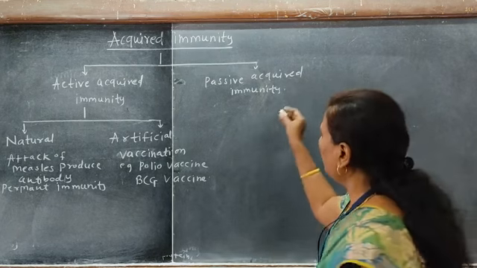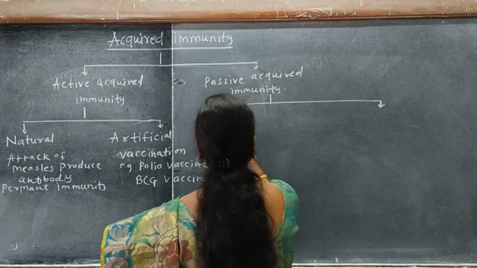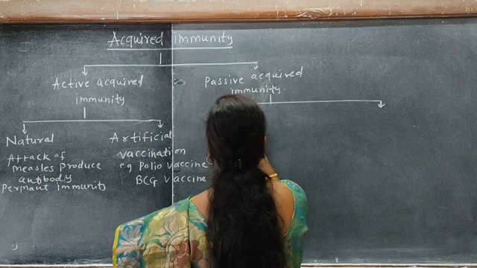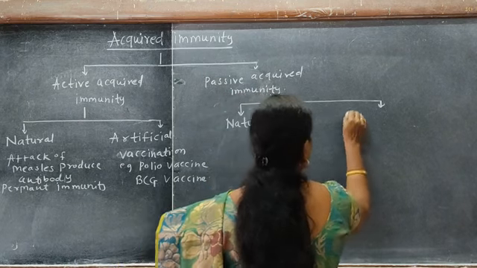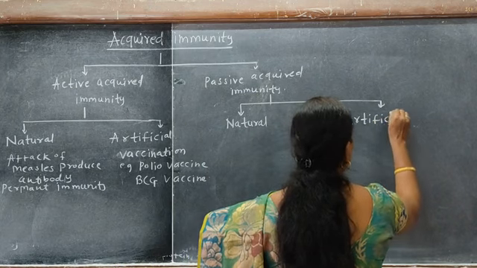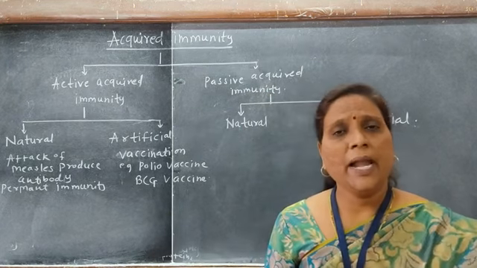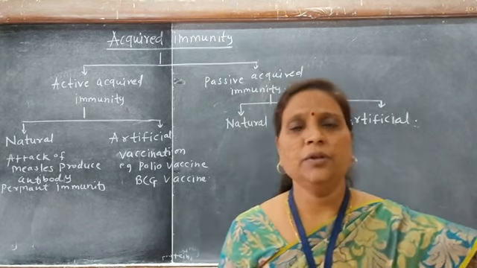So again it is of two types, that is natural and artificial. Now see here first how the naturally prepared antibodies are present in the individual.